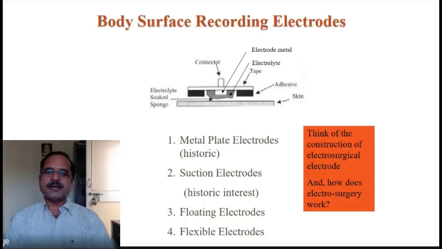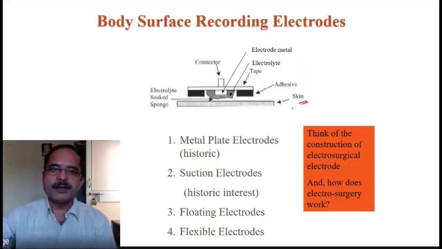In this diagram, a body surface electrode is shown for recording purposes. What you see here is the skin, and there is a connector here. This is the electrode metal.